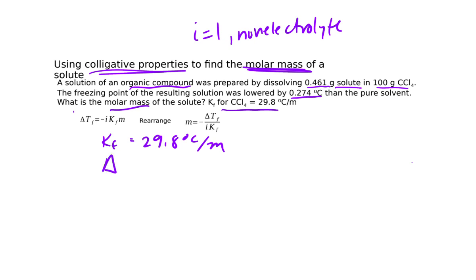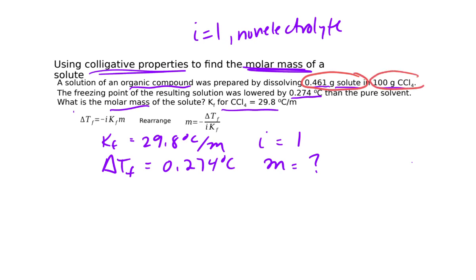We know the delta T F. It says that the freezing point was lowered by 0.274 degrees C, so that is delta T. We know i is 1. And so what we need to find is the molality. That's something that we're not given in the problem. We were given, however, grams of solute and grams of solvent.